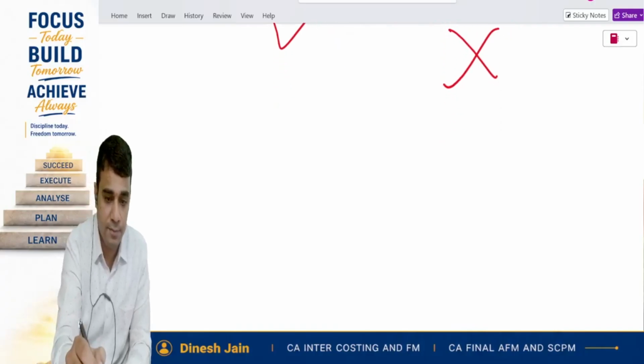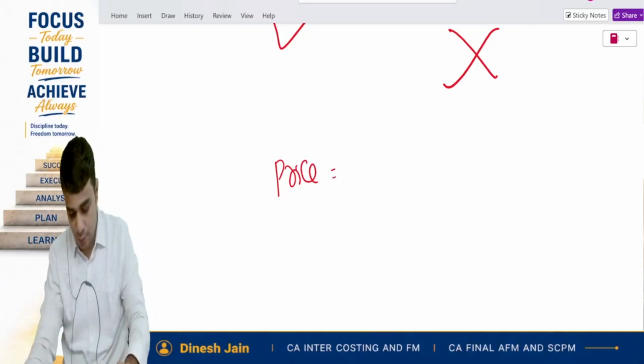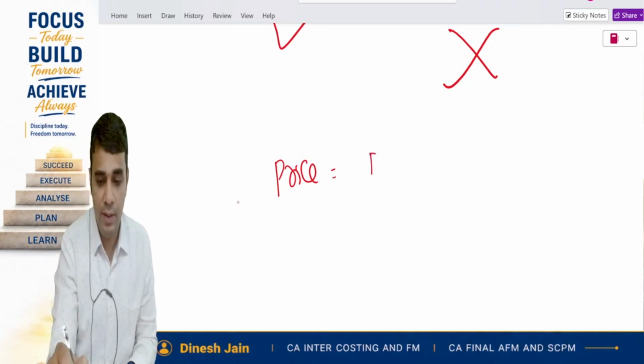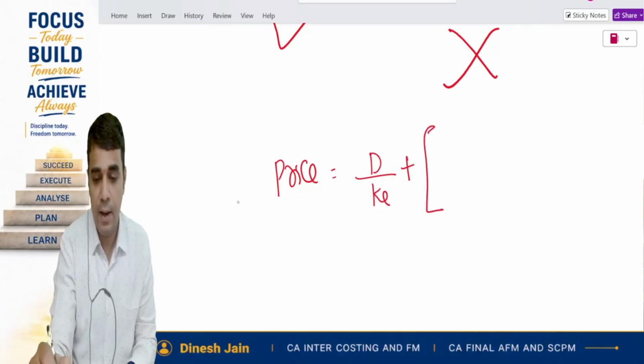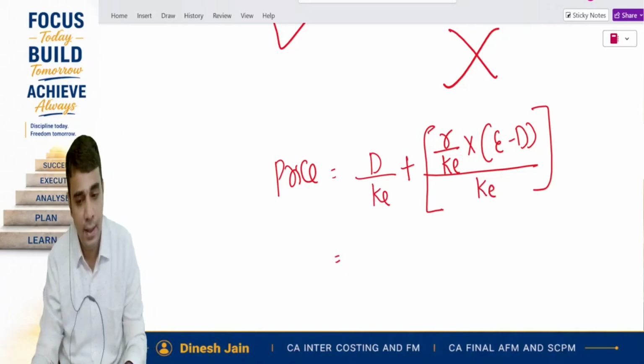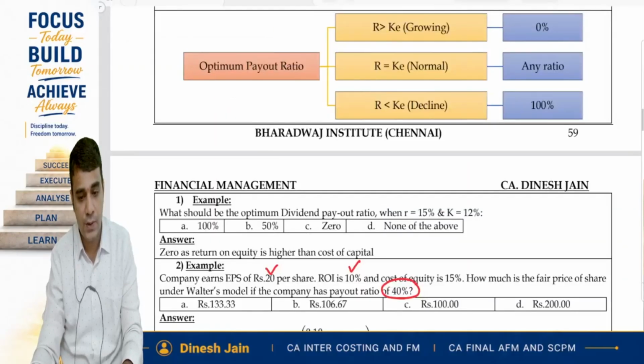Example 2. Price equals dividend by cost of equity plus R by KE into E minus D, whole divided by cost of equity.